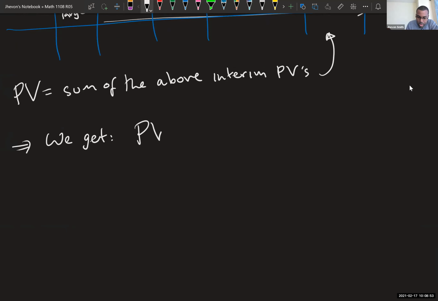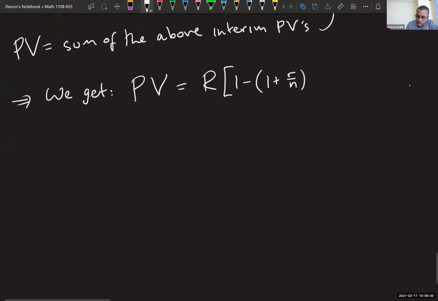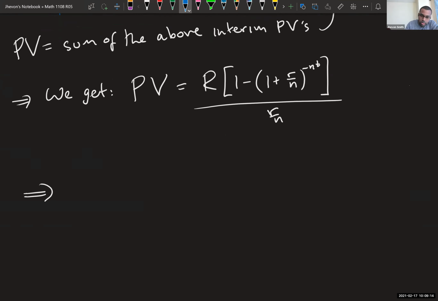You would get the present value is going to be worth R times 1 minus 1 plus R over N to the minus NT over R over N. And again, when we change our notation to use more conventional notation, this means the present value in terms of the payments I want.